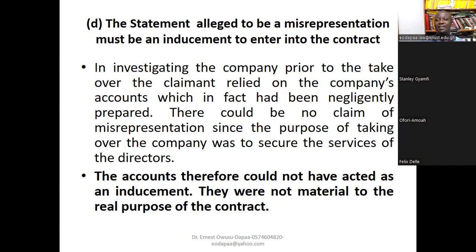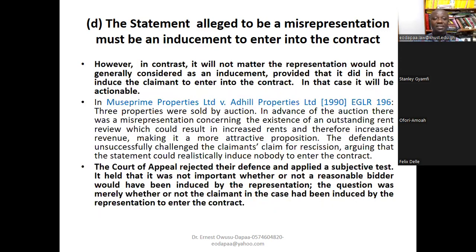In other words, in terms of what really exercised the mind of the misrepresentee to enter into the contract. So let's keep that in mind.